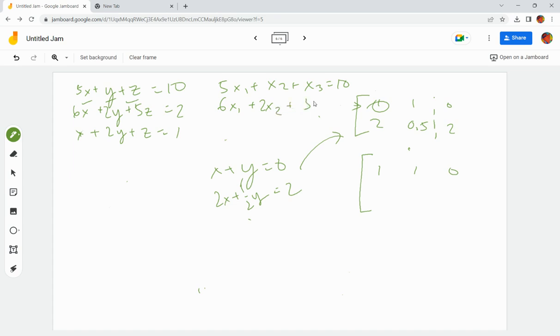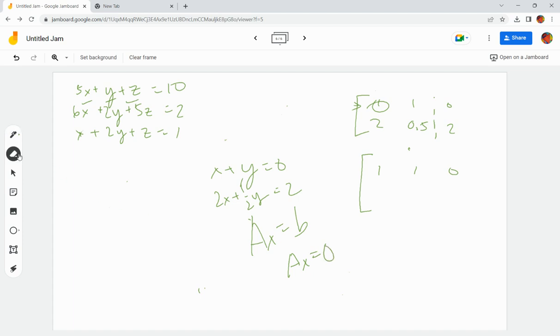I don't understand why they don't teach this in middle school or high school, because it would make it so much better. And then we know that the x has to equal the same thing. We also need to note that Ax = b and Ax = 0 are both special. We'll talk about that more when I define things.